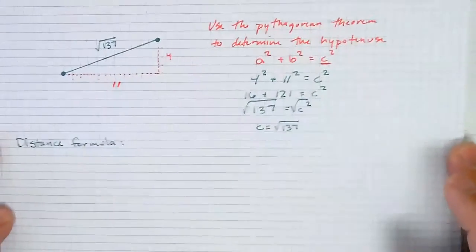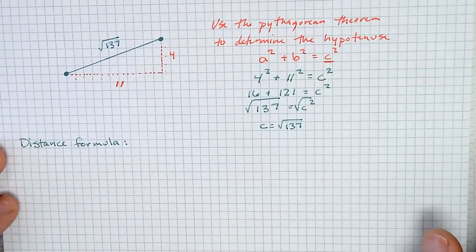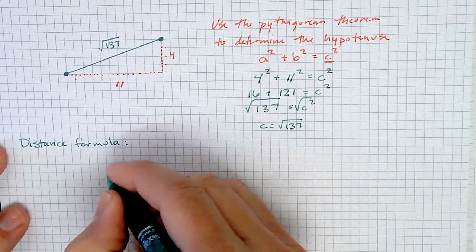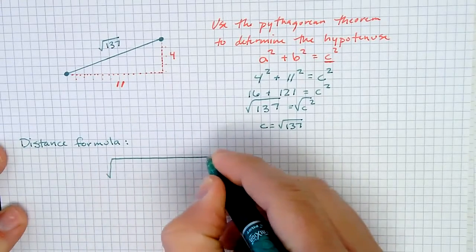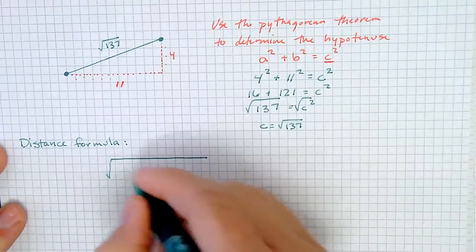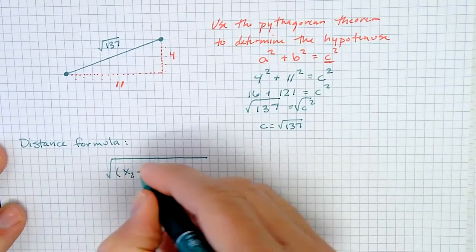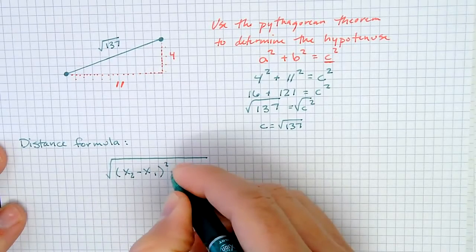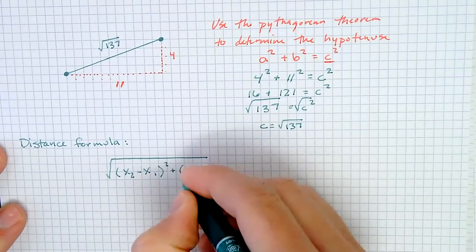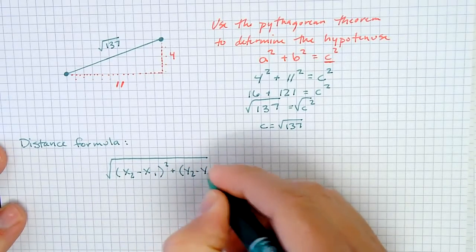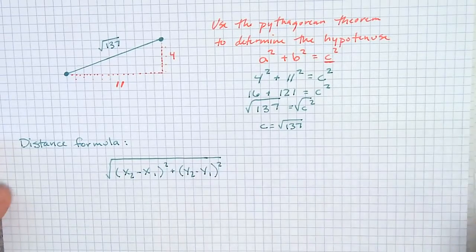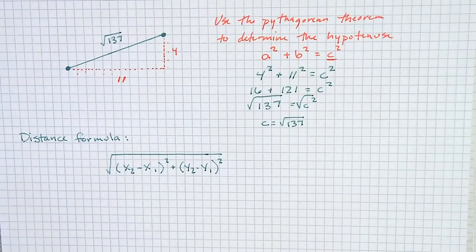Yeah, you can also use the distance formula, which is pretty much the exact same thing. We want to find the length of a segment, find the 2 points. Find the square root of one x value minus the other x value, squared, plus the difference between your 2 y values squared, and you square root that whole thing.